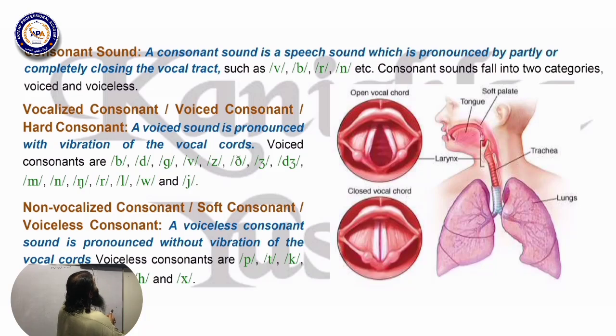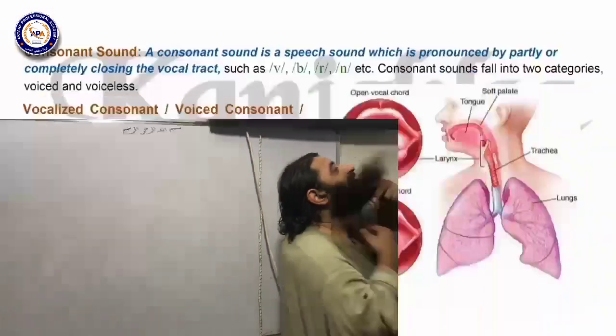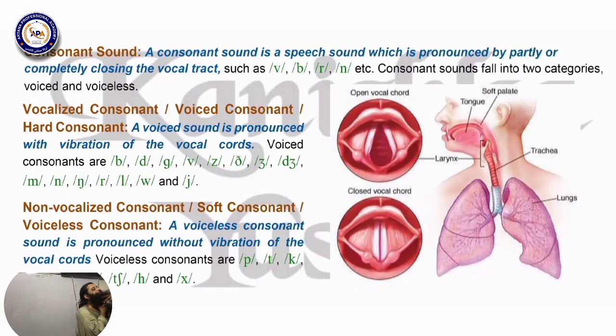A voiced sound is pronounced with vibration of the vocal cords. Here in the picture you can see this area, we have here vocal cords. This area, you see, this rounded portion you can touch in your throat, this knot.